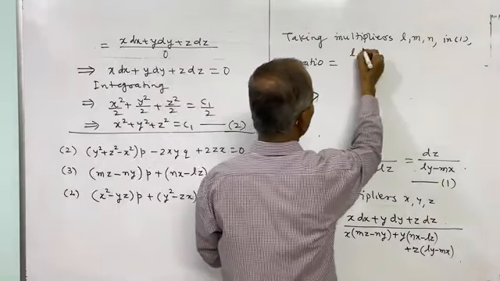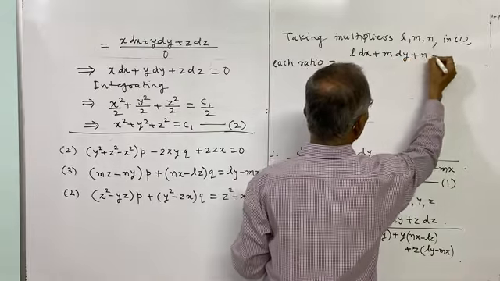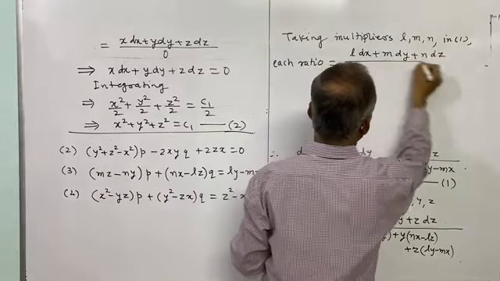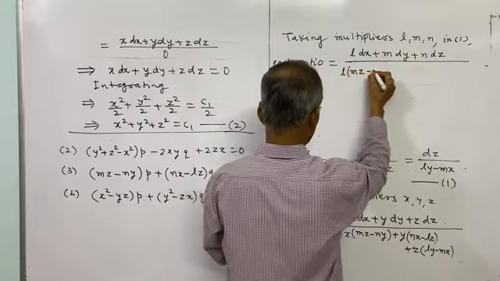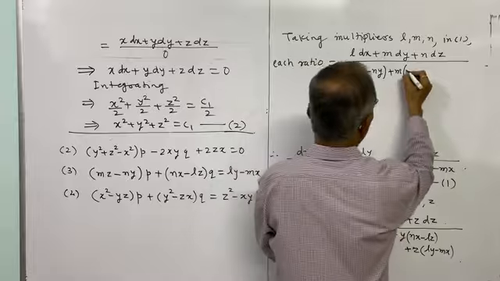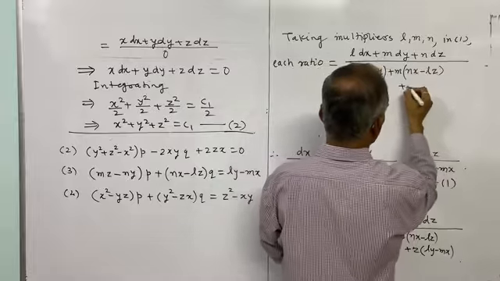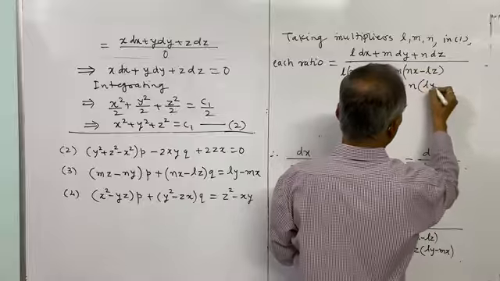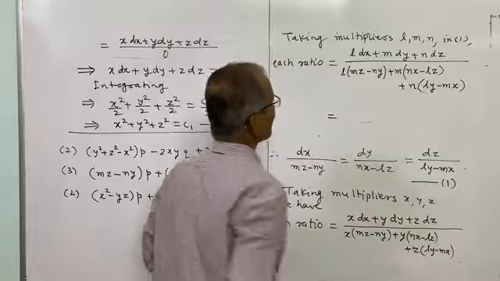So that is L into dx, M into dy, and N into dz, divided by the denominator: L into (mz minus ny) plus M into (nx minus lz) plus N into (ly minus mx).